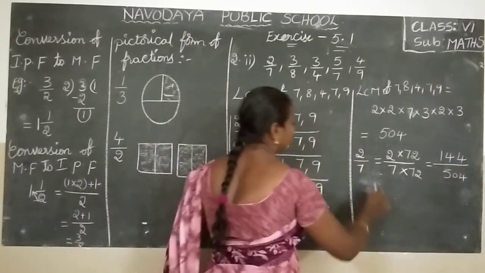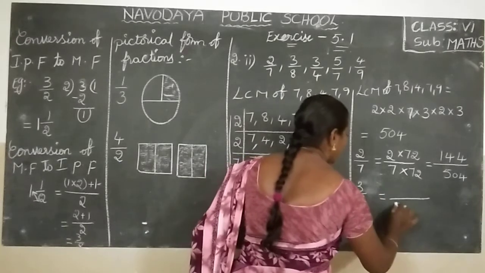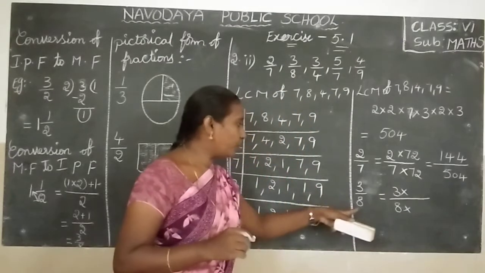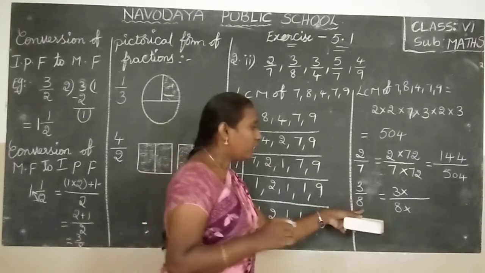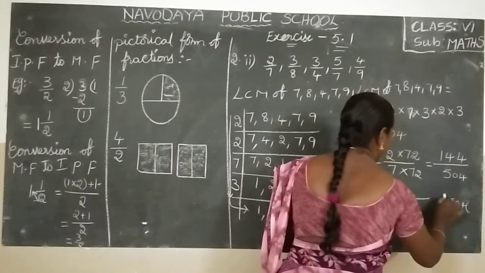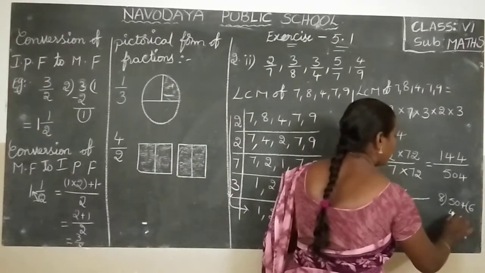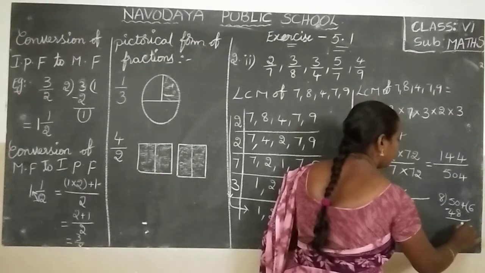Next, take the next fraction, 3 by 8. So 8 into what becomes 504? We have to divide 504 by 8. So 6 times 48, 50 minus 48, 2.